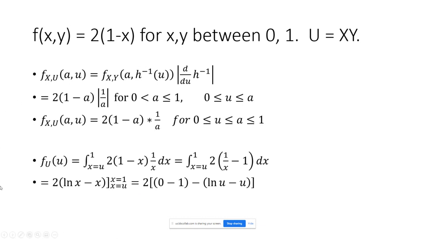So when we plug in 1, the natural log of 1 is 0, so 0 minus 1. When we plug in u, we get the natural log of u minus u. So that simplifies to 2 times the quantity u minus 1 minus the natural log of u for u between 0 and 1.